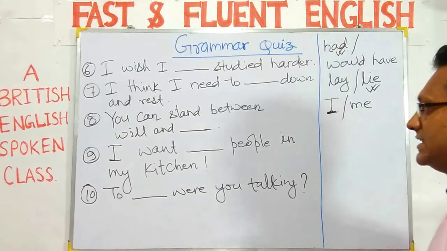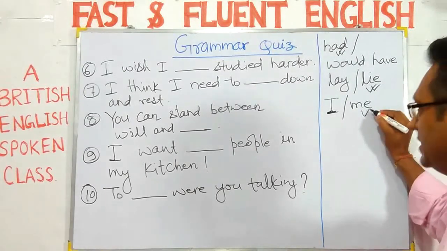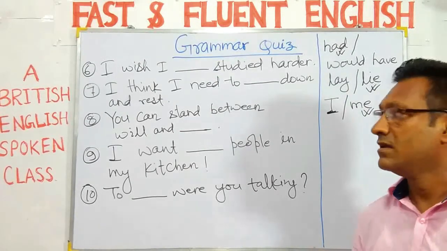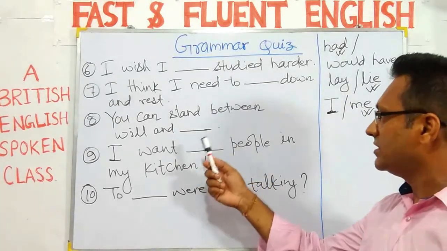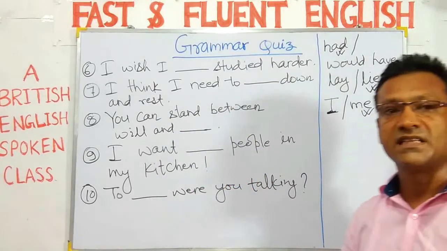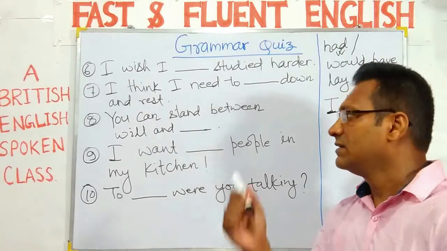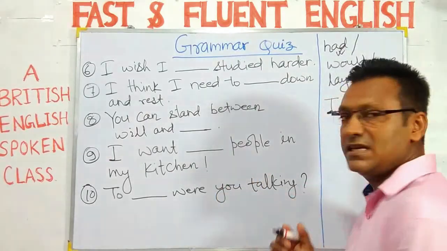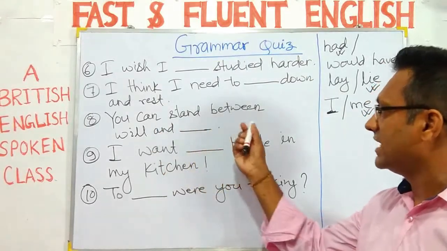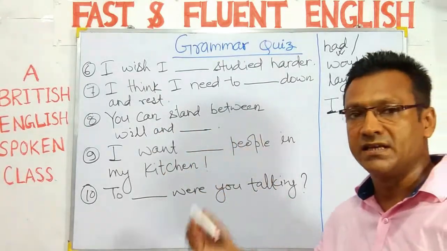And the correct answer is me. कभी भी प्रीपोजिशन बिटवीन के साथ हम object pronoun यूज करते हैं. So me is the correct pronoun. So you can stand between will and me.